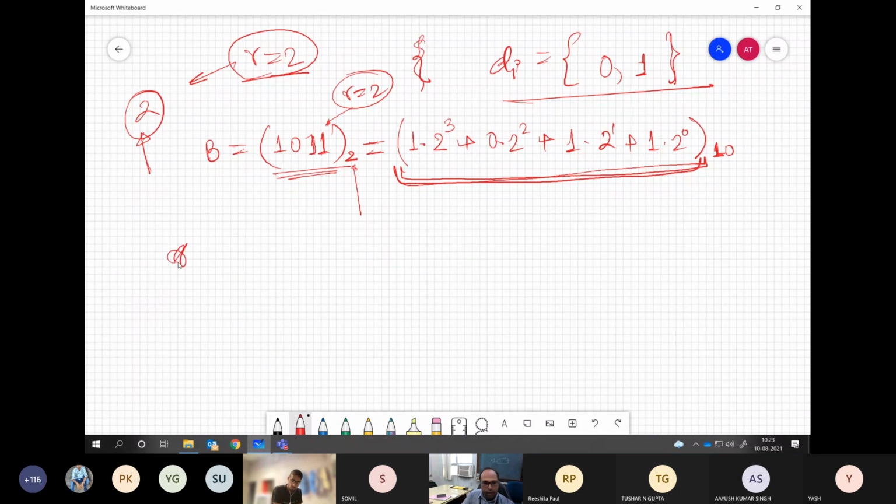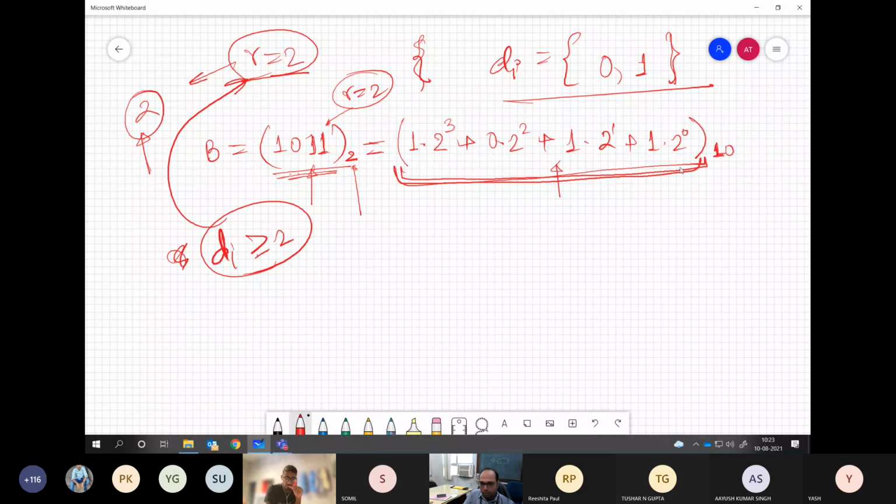So any d greater than or equal to 2 cannot be perceived by this. Understanding my point? So the moment you say what is the value and write it in this form, you are referring to the base value 10. Now you can tell what is the value of this number. Anybody? 11.